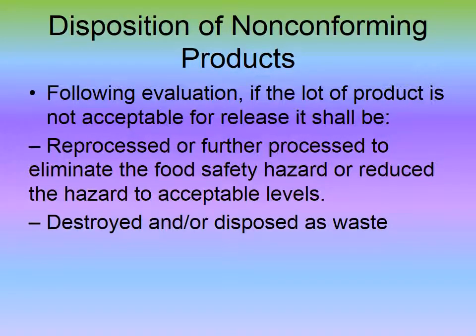For example, if some of the food product does not reach the safety limit, we can reprocess the product until it reaches, for example, 70 degrees Celsius. Or the last resort, destroy or dispose as well.